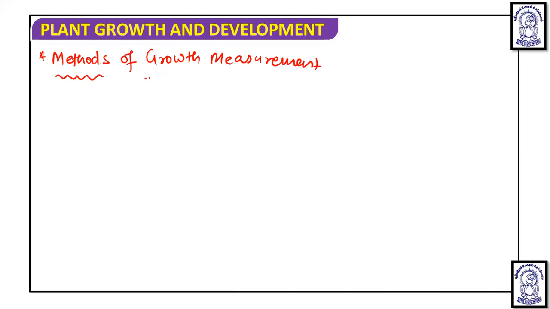These are the different parameters in which the growth can be measured. Now we are going to talk about the methods of growth measurement. And if we talk about the methods of growth measurement, then the first method is by direct observation.